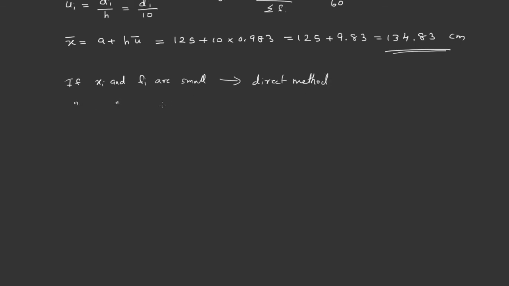If xi and fi are not small, you can use either assumed mean method or step deviation method. Remember, if class widths are equal, then in step deviation method you can take h as the class width.